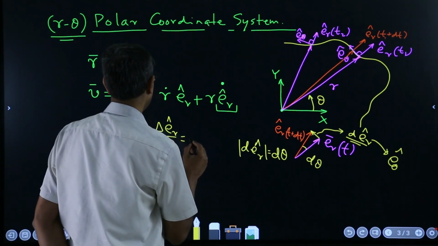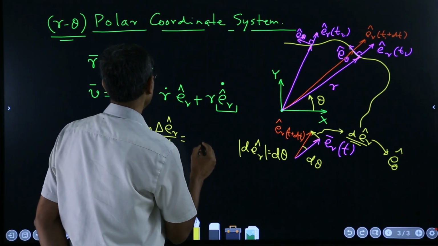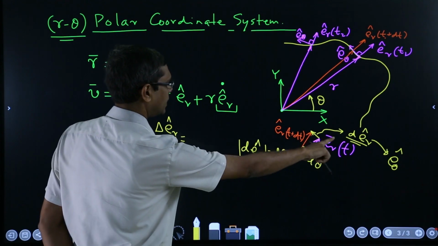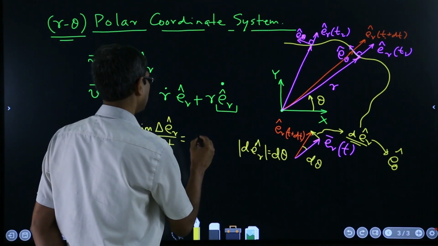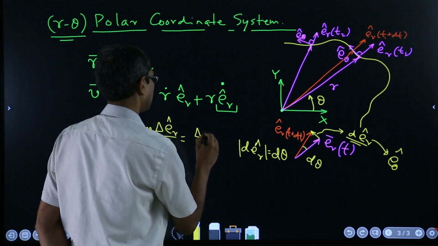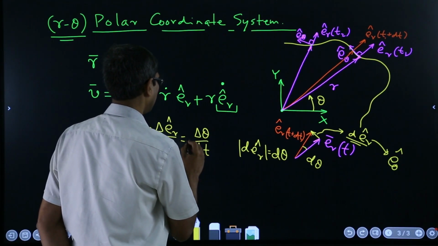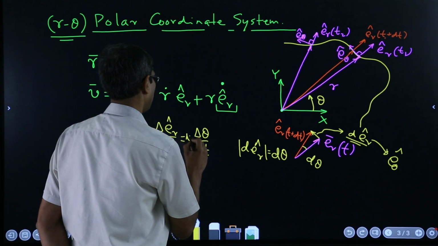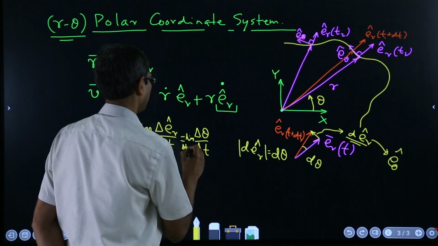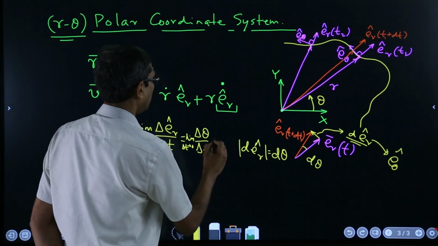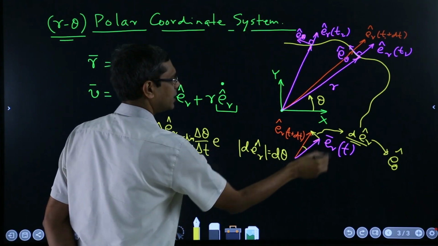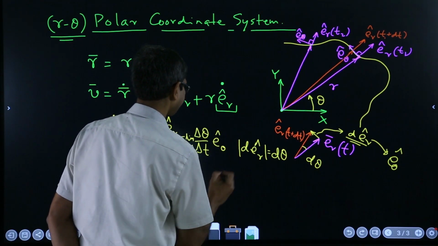So this one is nothing but the magnitude of delta e_r, which is delta theta by delta t in the limit, times e theta.